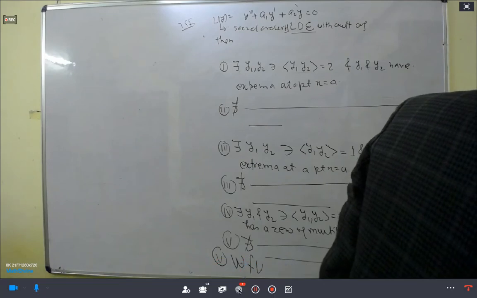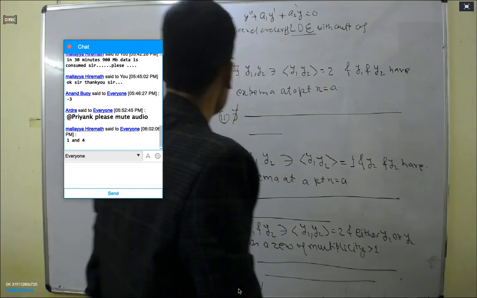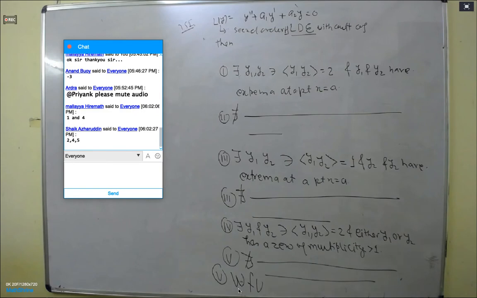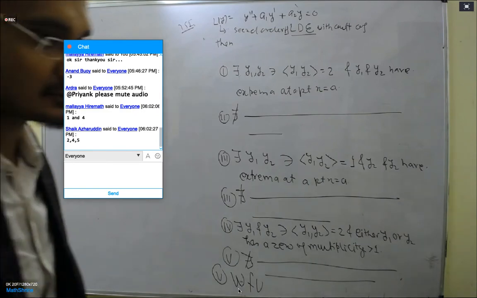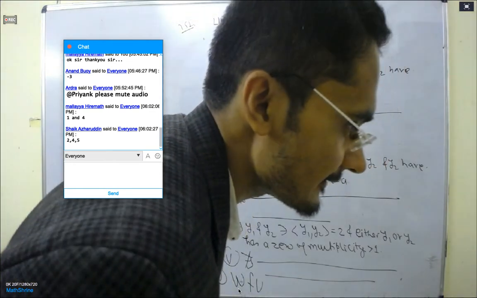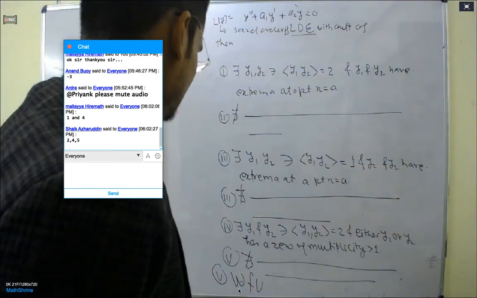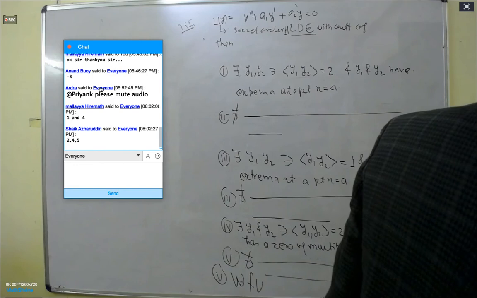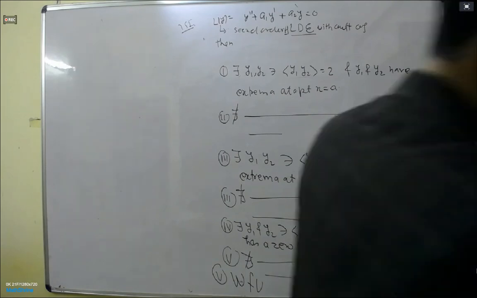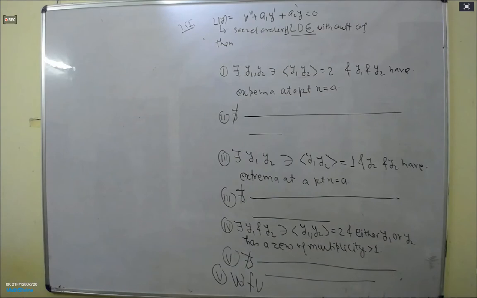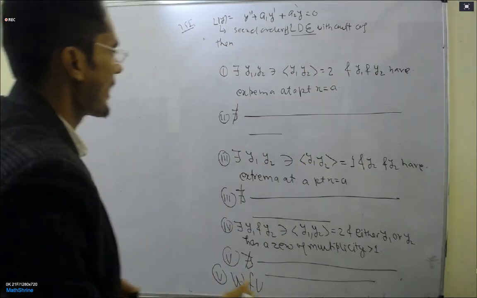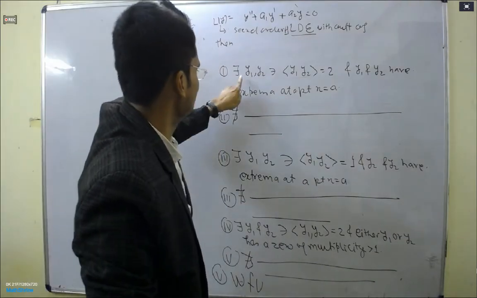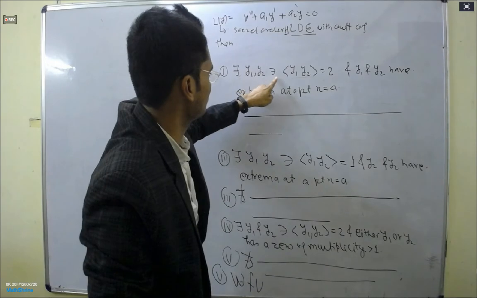Okay, so let us think together also. If you notice here, there exist y1 and y2 such that the linear span, the vector space spanned by y1 and y2, has dimension 2. We had already mentioned that y1 and y2 are solutions of the differential equation Ly equal to this. First of all, this is a linear differential equation with constant coefficients.